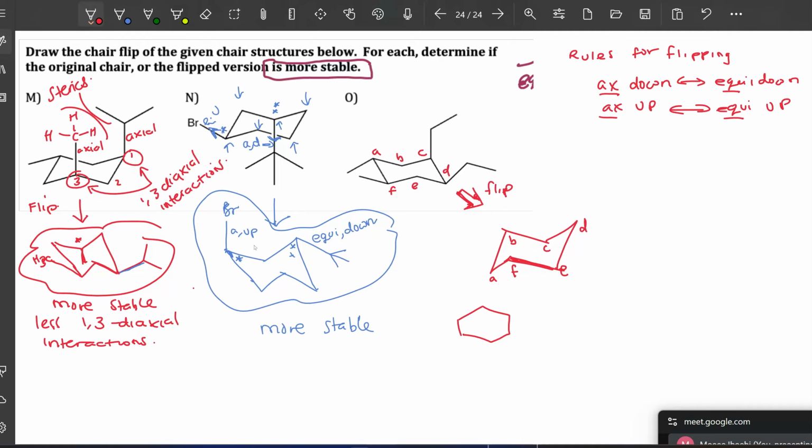This is if you are doing the bird's eye view, looking at it from the top. But if you're looking at the side view, you'll see a chair. Why? Because the bonds have to be tetrahedral, maintaining the bond angle of 109.5, sp3 hybridization. That's why.